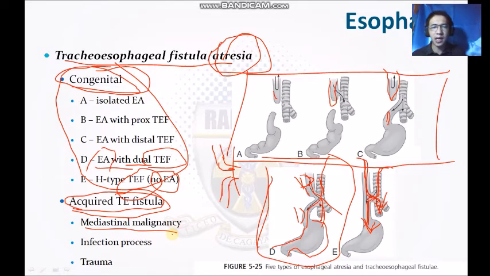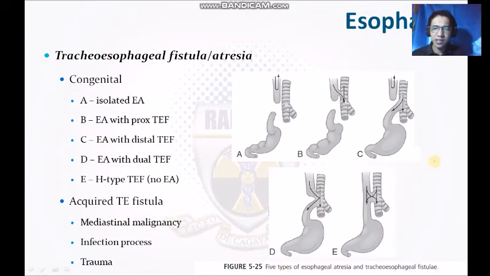We have invasive cancers. So you have a cancer that is invasive in nature. If the cancer is located in your trachea or your esophagus, that could create a hole in this area. And then it can connect to your esophagus, which would create an abnormal tracheoesophageal fistula.